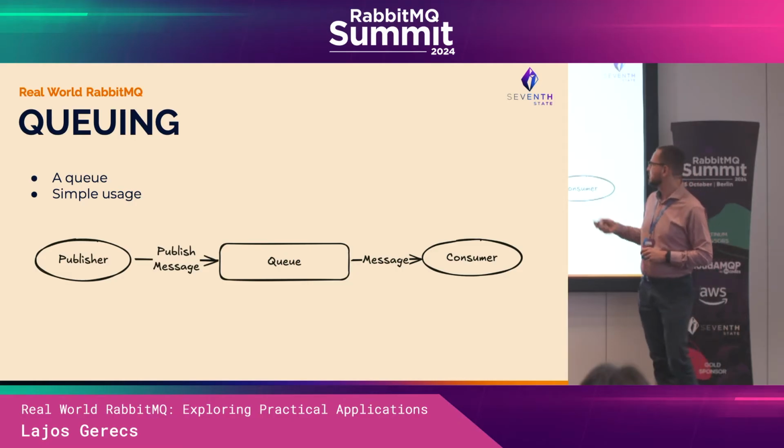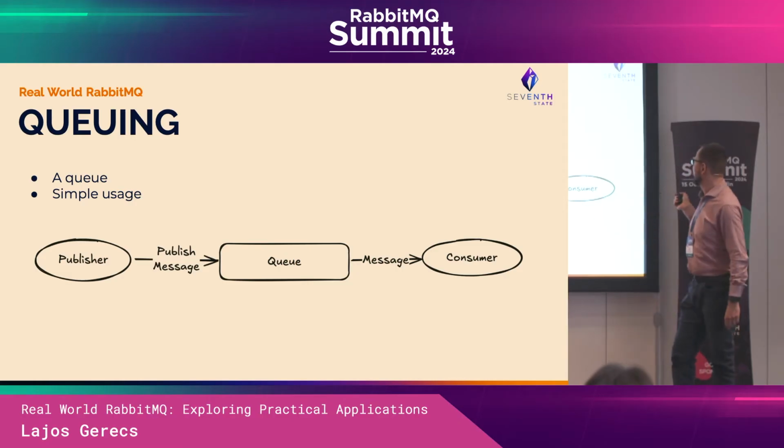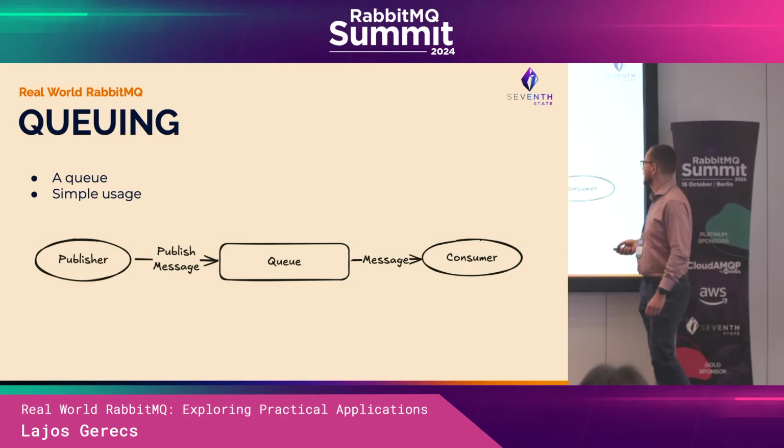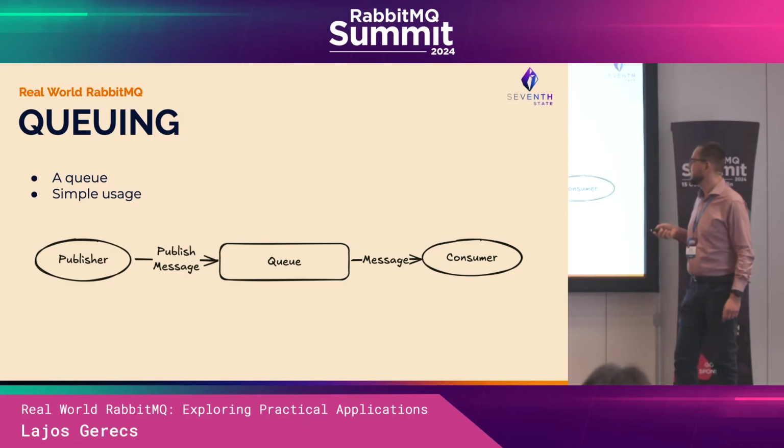The publisher publishes a message into the queue, and then that message is independently consumed by the consumer. And RabbitMQ gives us a way to buffer that message, and it will hold on to this message for the consumer. Again, it gives us a buffer.